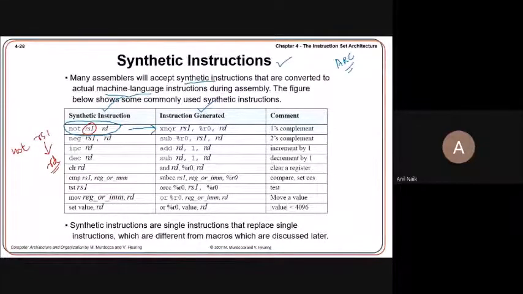But actually, it uses the operation XNOR of RS1 with R0. R0 means all bits are 0.